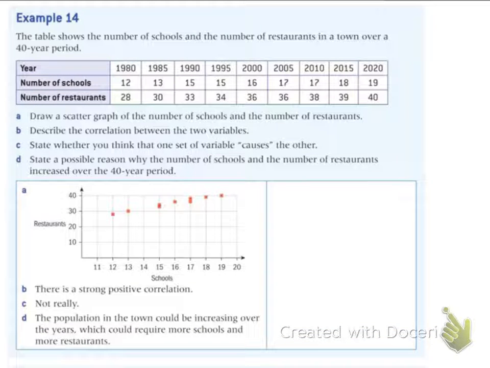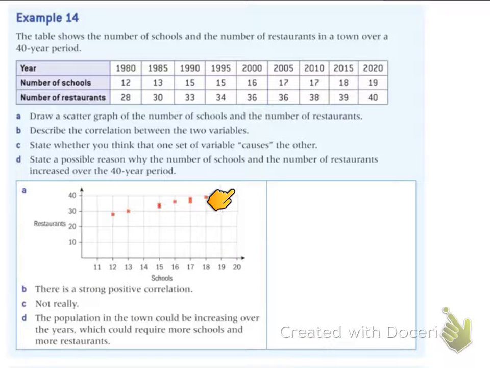Same thing here. We got another table. They got their scatter plot going across here. I would think that, hey, that's a pretty strong positive correlation. And then, does it mean that one has to imply the other? It says not really, because we're talking about the number of schools and the number of restaurants in a town. So the more schools you have, the more restaurants you have.